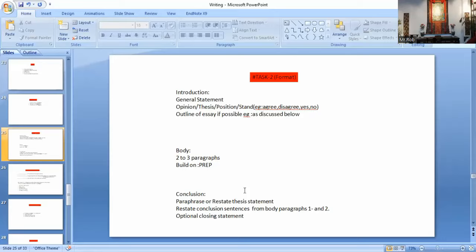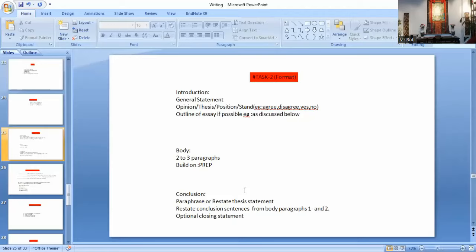That will be your thesis statement or position statement or your standpoint. You can write I agree, I disagree, yes or no. And in another line, you should give an outline of the essay. That is optional. Like you can say we will discuss the advantages and disadvantages of the internet in the paragraphs that follow. That is your outline of an essay.